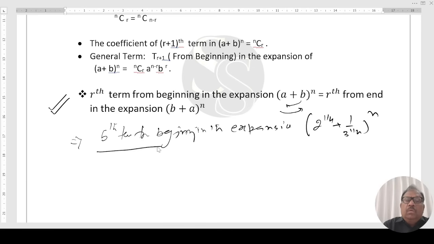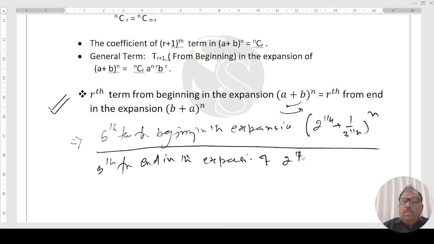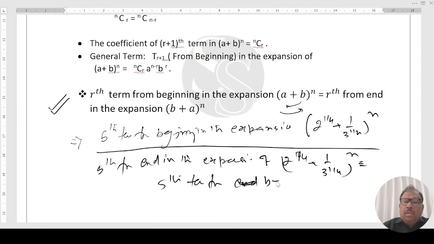Ratio given is equal to fifth term from end in the expansion of (2^(1/4) + 1/3^(1/4))^n is equal to fifth term from beginning in (1/3^(1/4) + 2^(1/4)).